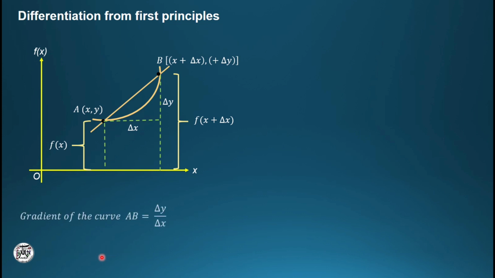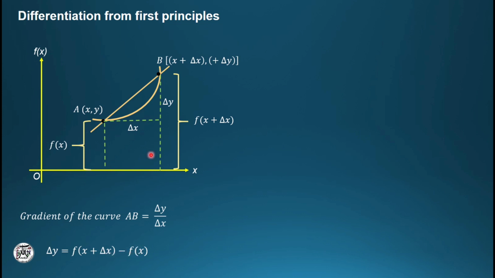Okay, so the gradient of the curve EB is equivalent to delta y over delta x. From the previous, this is line BC over line EC. Take note that delta y is equivalent to f of x plus delta x, minus f of x.